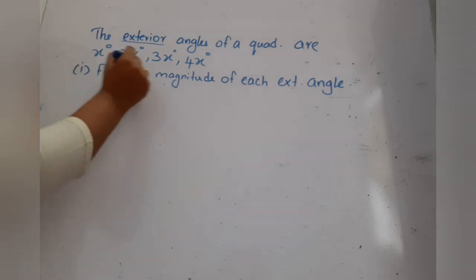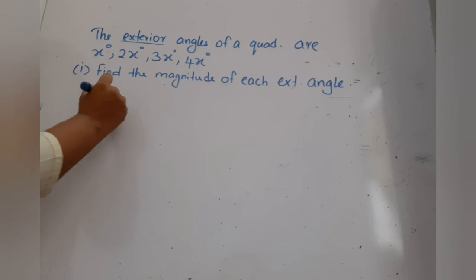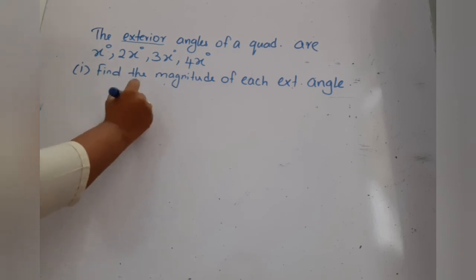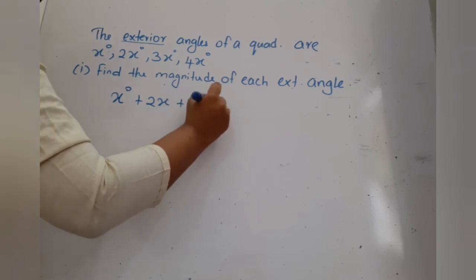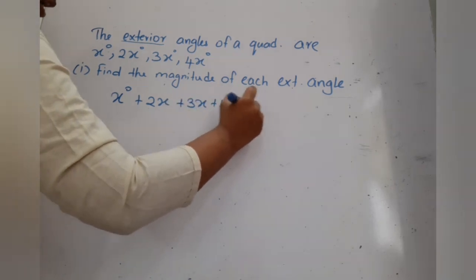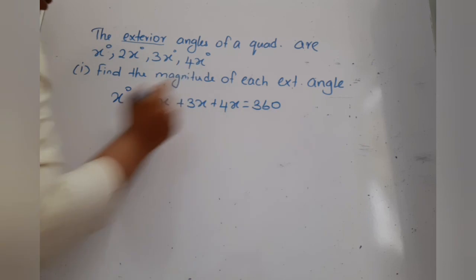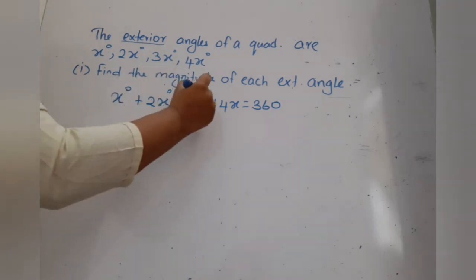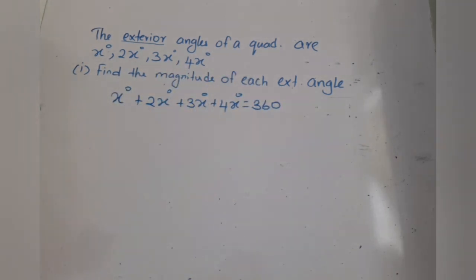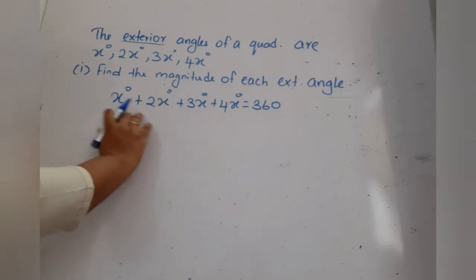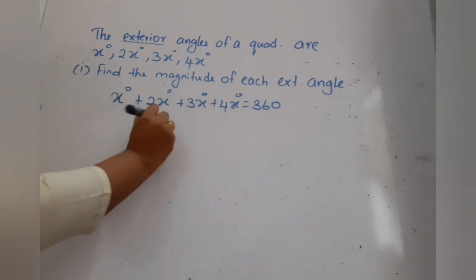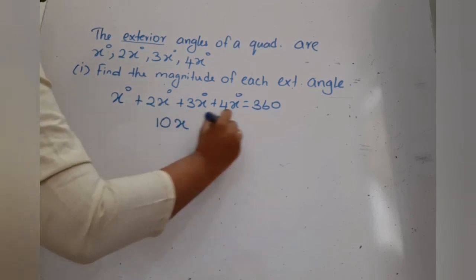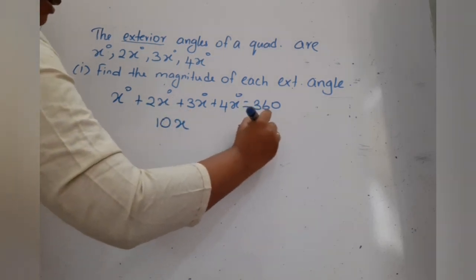So when you add all 4 angles of the quadrilateral, it is going to add up to 360 degrees. Whatever the polygon, it adds up to 360. So they are like terms. When you add them, it's going to be 10x is equal to 360.